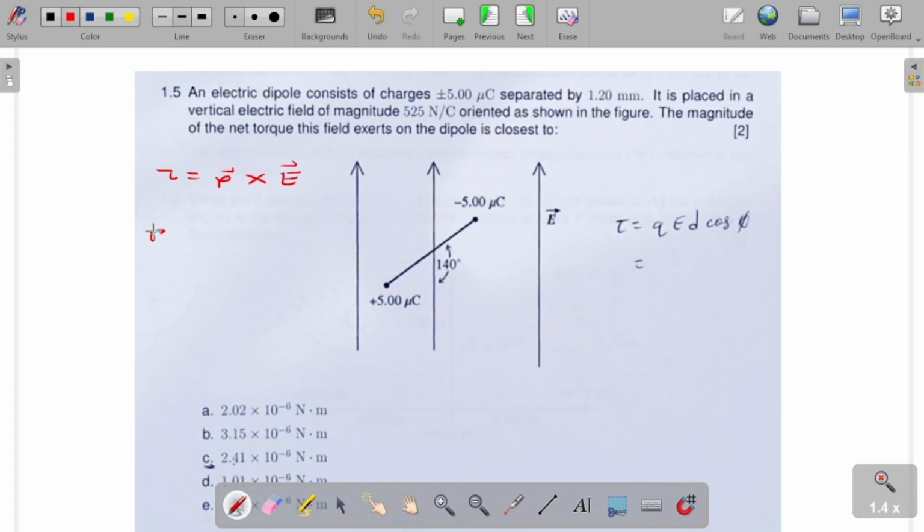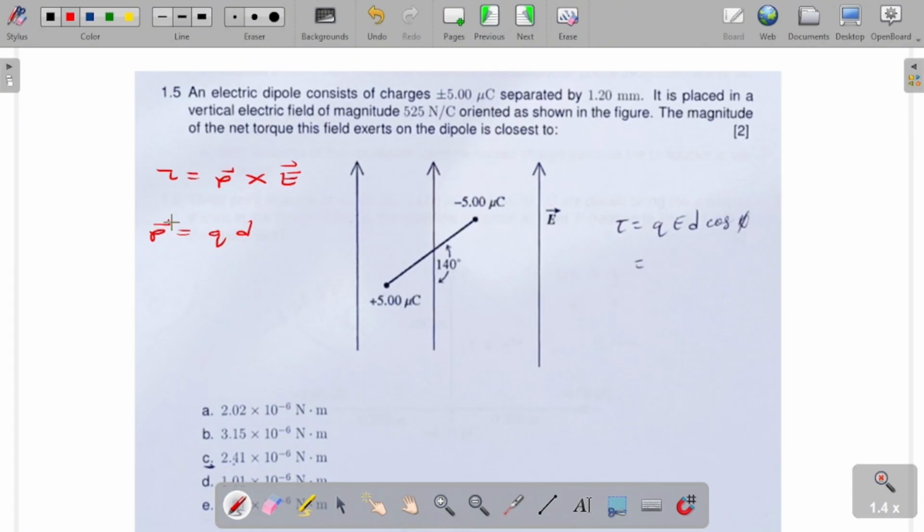Now what is the dipole moment? Guys, what is the formula for the dipole moment? QD, charge times distance between the two charges.